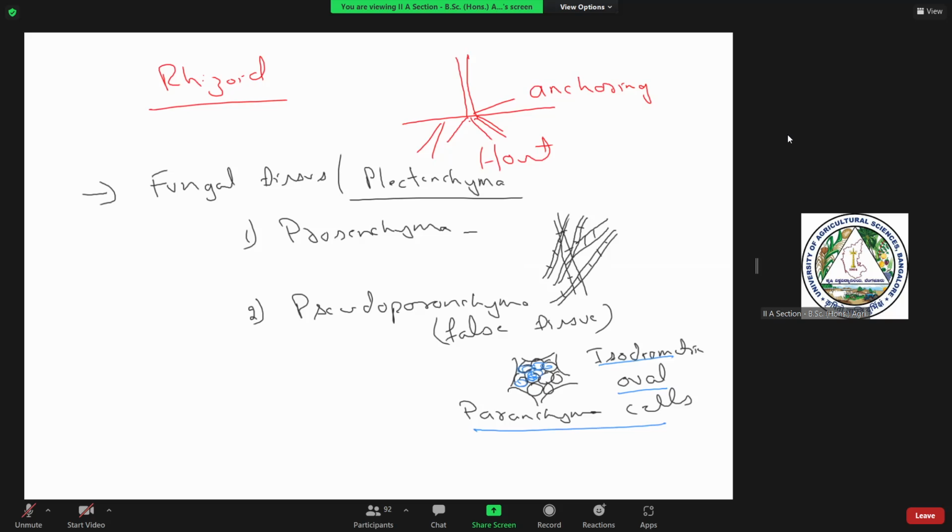Another type of modification that we often see in fungi is anastomosis. Anastomosis is basically a fusion between two hyphae.